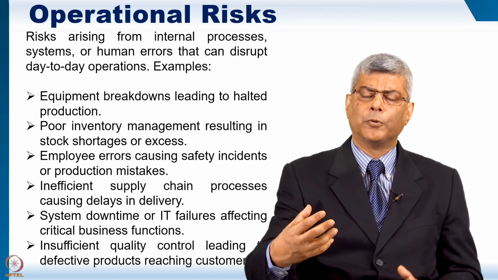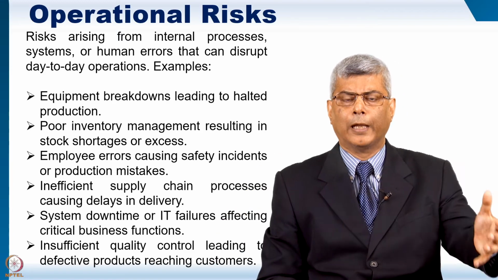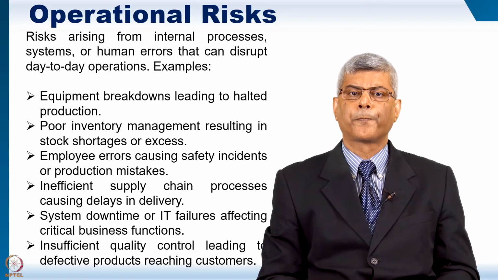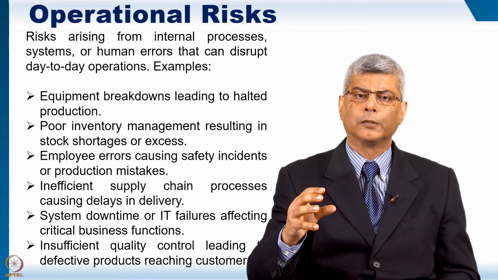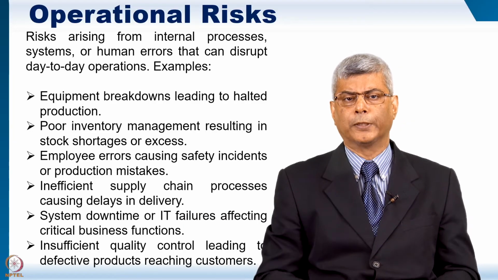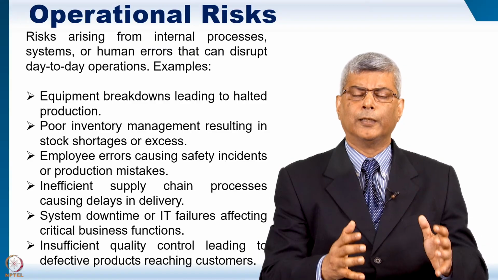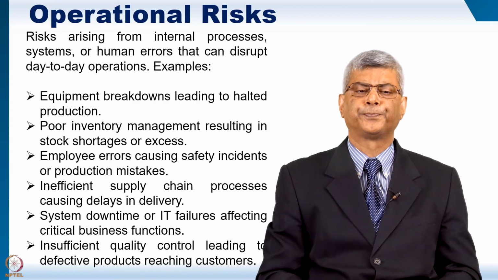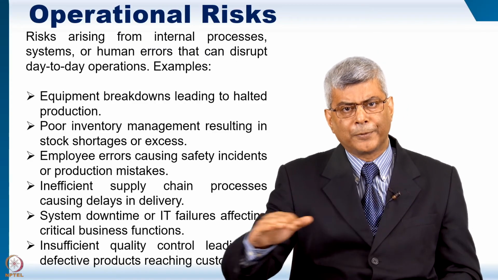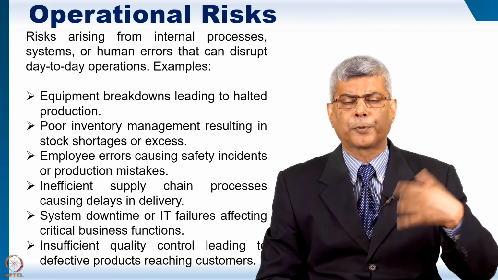It could be you are a chocolate manufacturer using milk, sugar, and cocoa, but because of poor inventory management, you have run out of cocoa, which is often imported. You cannot produce any more chocolates, and then your business stops. And this also happens because of inefficient supply chain management. A lot of times companies import products.